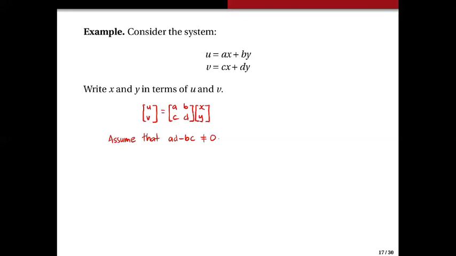The reason is, later, if you try to solve this as a linear system without using the matrices, the number AD minus BC will appear. So we will need to assume this, AD minus BC not equal to 0.